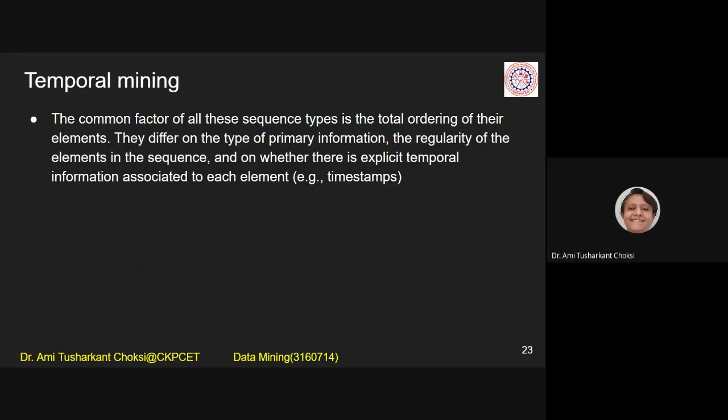Okay, see, time is there, sequences are there. Then we ask, can we get the timestamps explicitly or not? Or if it is already related to it, we should try to have the mining result with that timestamp.